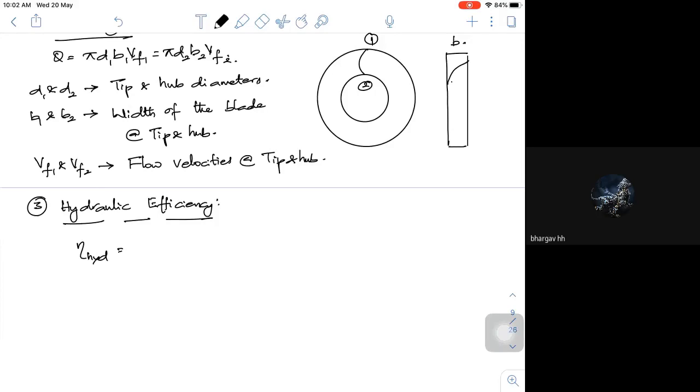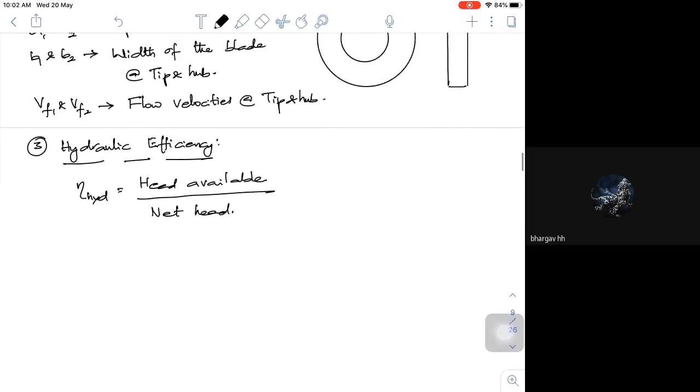We can call it head available to the net head which is used. So what is this head available? This is VW1 into U1 by G divided by H, or I can write the hydraulic efficiency is equal to VW1 into U1 divided by G into H.